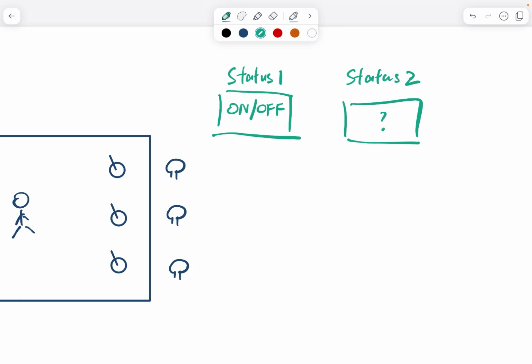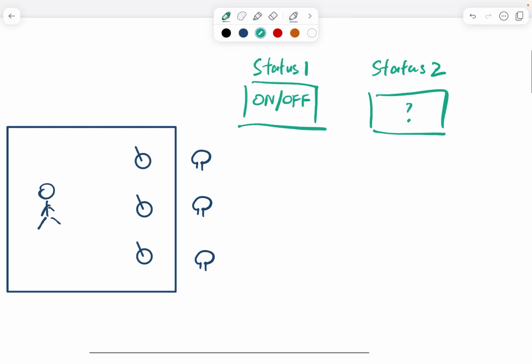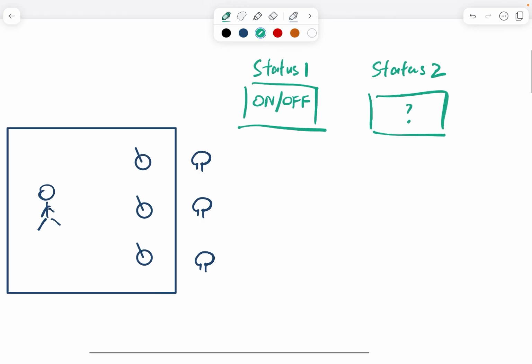And what is the status 2 that you can utilize? For light bulbs, if you try to think about it fundamentally, you're gonna realize that a light bulb, other than generating light, also generates heat, right?